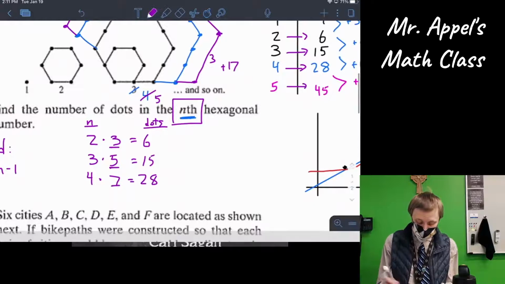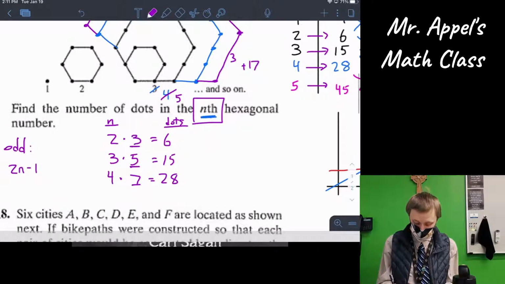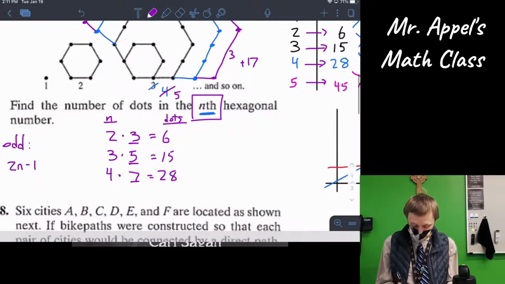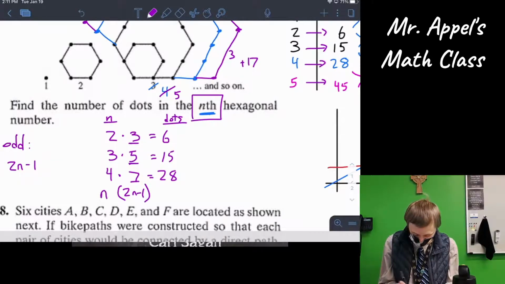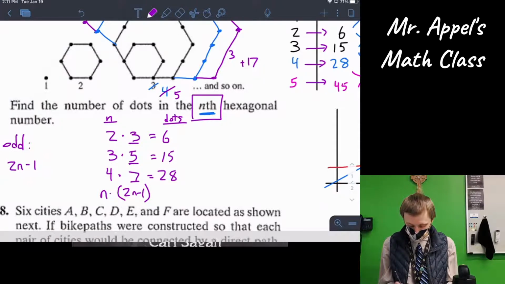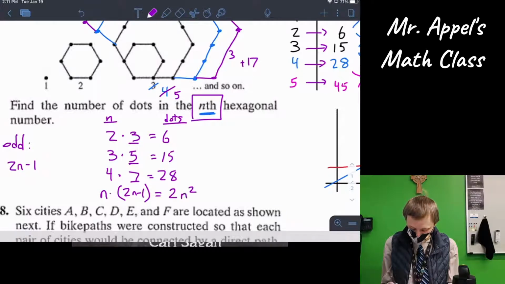Okay, for the sake of time, I'm going to pretend we do know this, 2n minus 1. So then this guy, 2n minus 1, I need to multiply that by my n value there to get my number of dots. So we'll go ahead and distribute that. N times 2n is 2n squared.